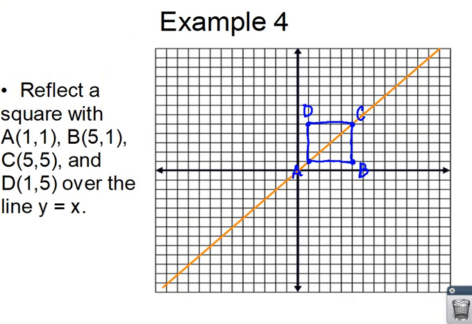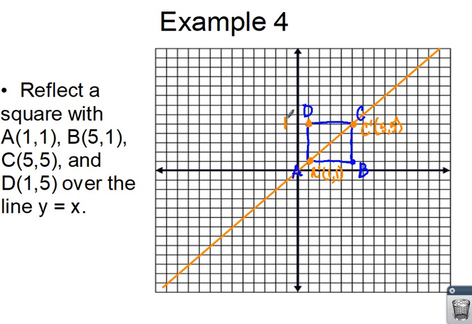Okay, you can also see what it's doing to our square at the same time. It's going to run on the diagonal of the square. So A doesn't change places, so it's still at 1, 1. And C doesn't change places because it's on the line also, and it still stays at 5, 5. What happens to B and D? If B is 2 diagonals away from the line over here, it's 2 diagonals over here.